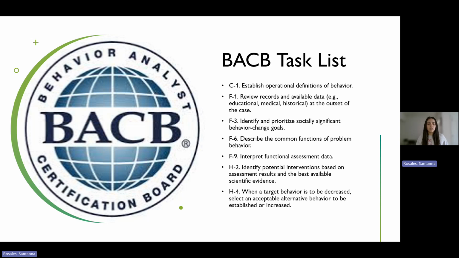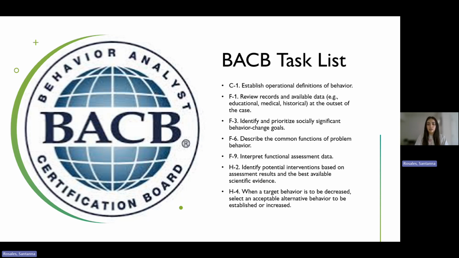And then next, describe the common functions of problem behavior. I'm pretty familiar with the functions of behavior and being able to describe them, and we saw them in our indirect assessments. Next, of course, interpret functional assessment data, which is F9 in the task list.